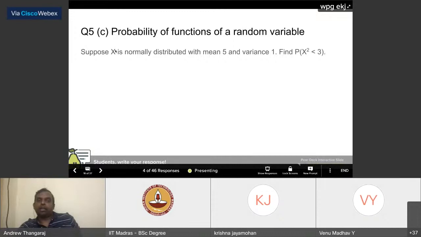Watch out, normal distribution, x takes values which are both positive and negative. And if x squared is less than 3, be careful about how you will convert to x. Watch out for negative values of x.